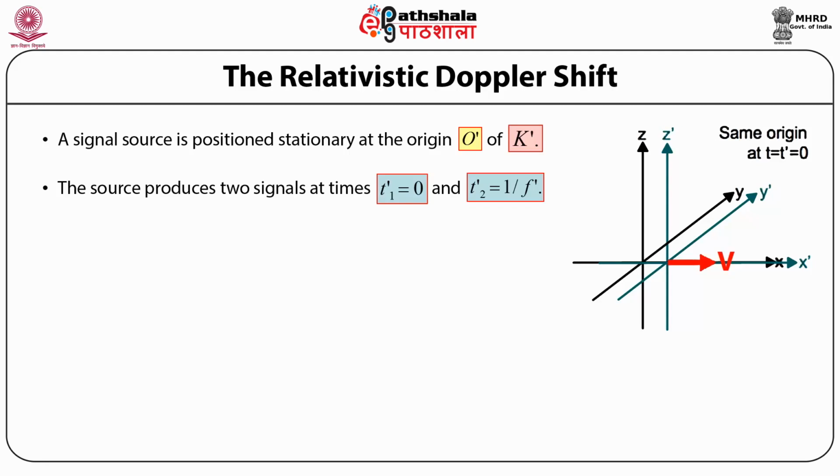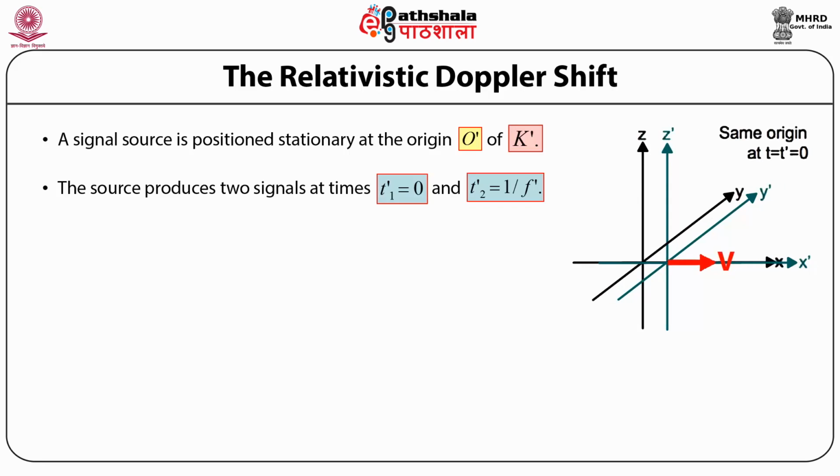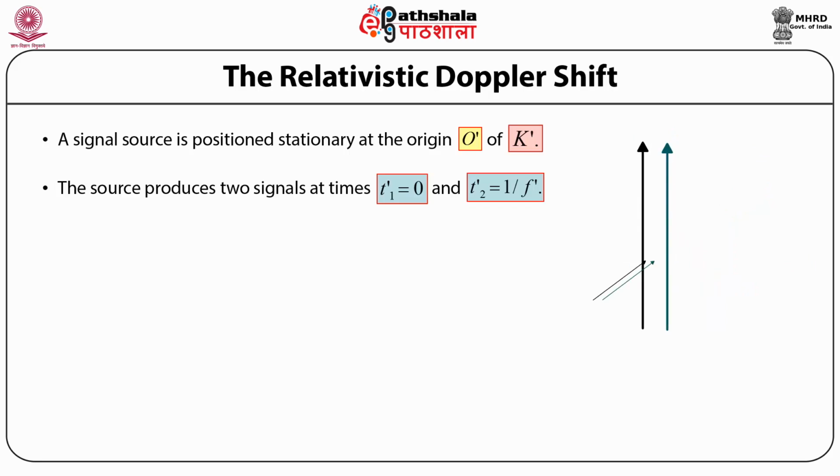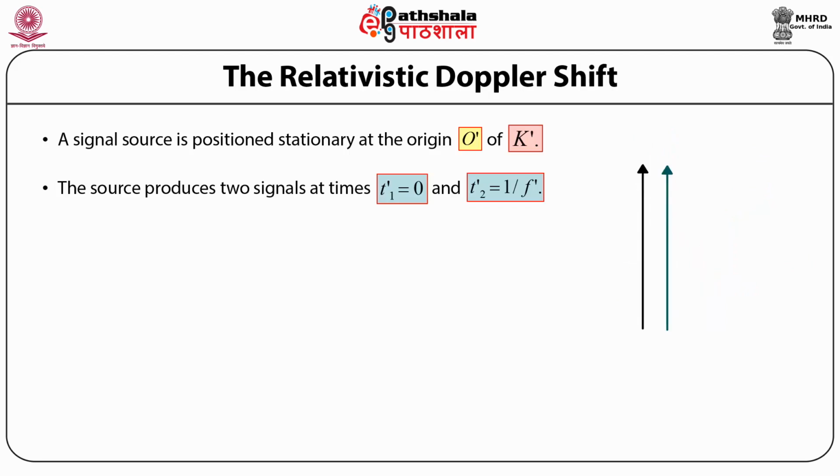So what we want is that at the initial time t1, both the frames of reference are coincident, that is their origins coincide, and then at the subsequent time t2, the two frames of reference are no longer coincident and the k prime frame of reference has moved with respect to the k frame of reference.